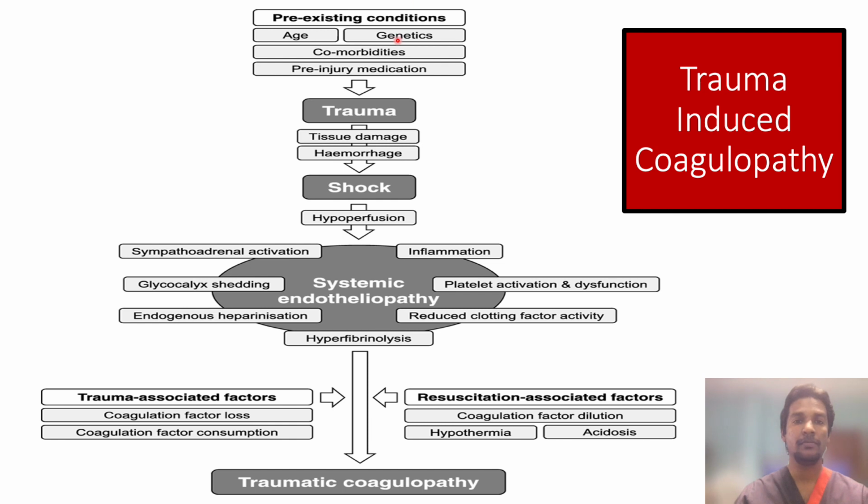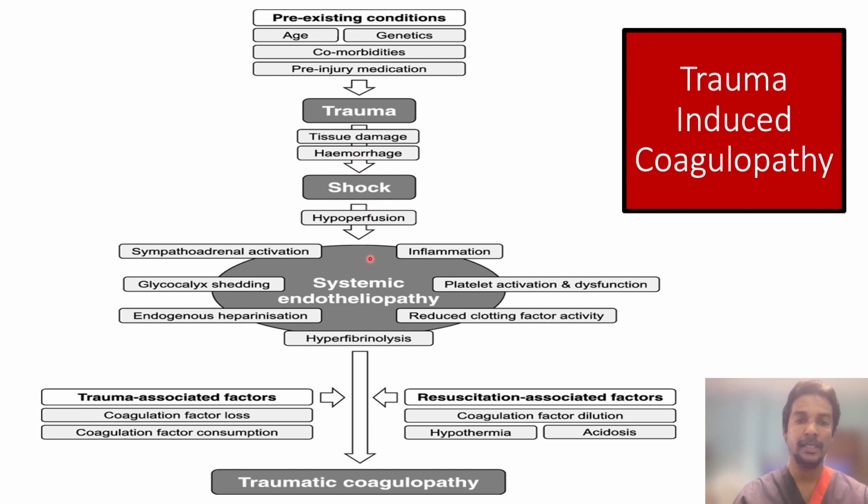It is a sum of multiple factors, such as the pre-existing condition, acute traumatic coagulopathy itself, resuscitation-induced coagulopathy, which is caused by us, the healthcare personnel, and trauma-associated factors. Following severe trauma, there will be tissue damage and hemorrhage, leading to shock and hypoperfusion.